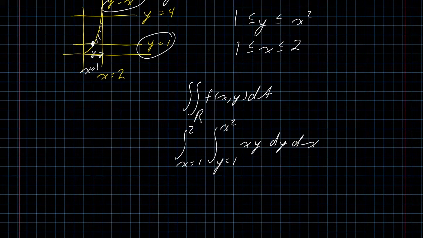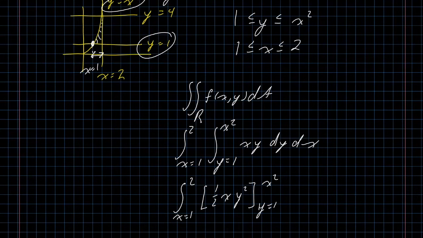And from here, it works very much the same as it did before. Take care of the inner integral. The integral of xy dy, treat x as a constant, y as a variable. So it's going to be 1/2 of the coefficient x times y raised to 1 higher power, so y squared in this case, evaluated between y equals 1 and y equals x squared.